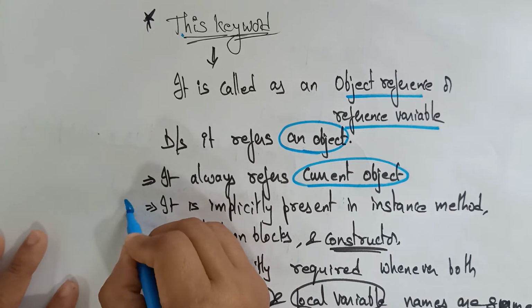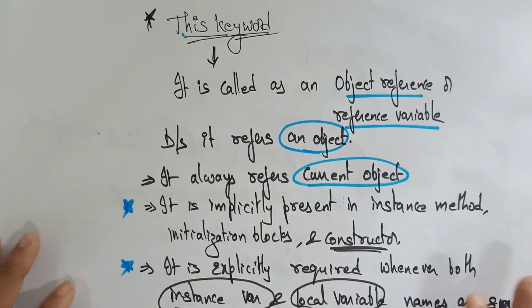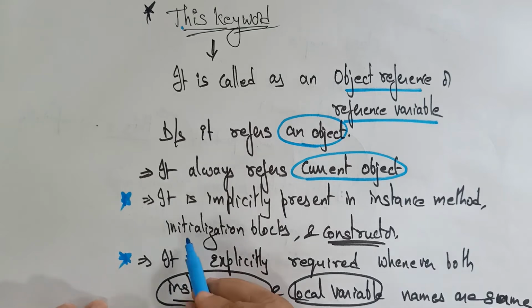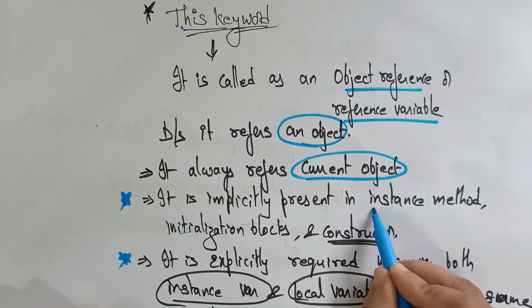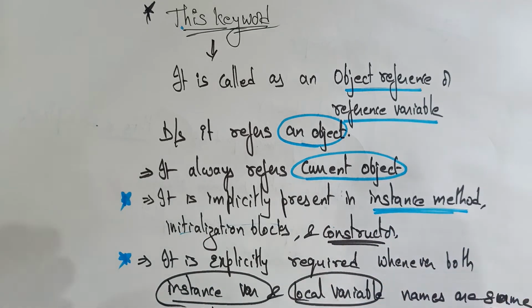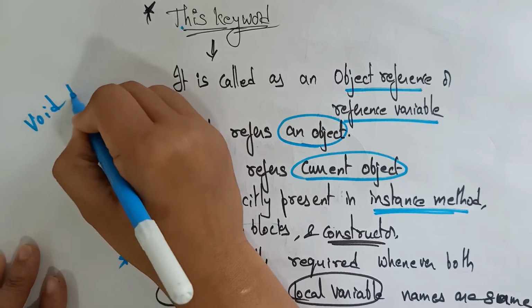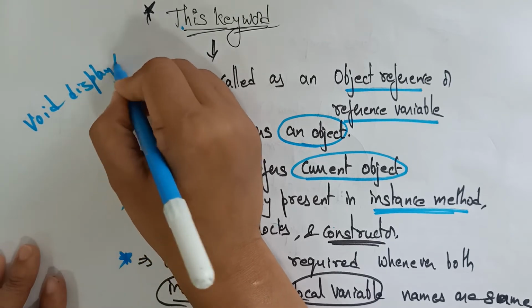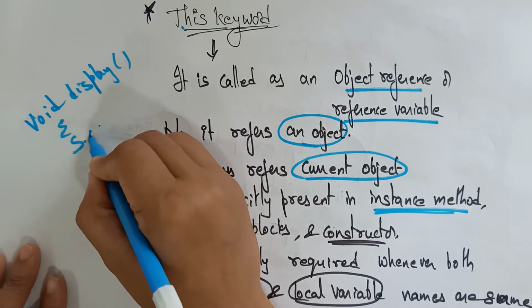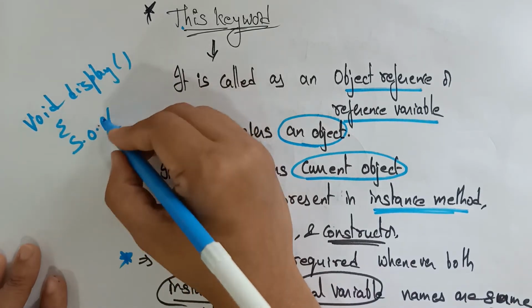So when is it used implicitly and when does the user have to mention it explicitly? It is implicitly present in an instance method. Suppose I have declared a void display method, an instance method. In this method, I'm calling system.out.println of some value like x.